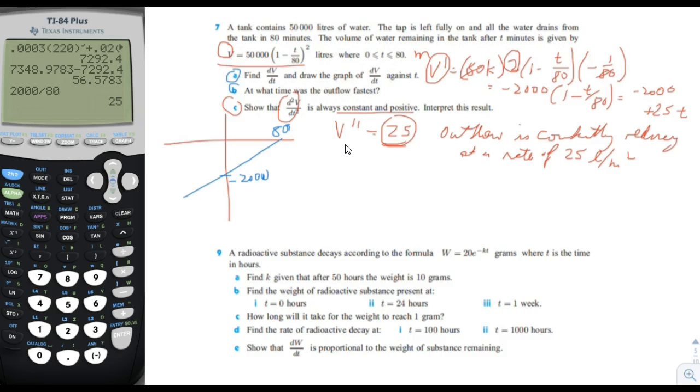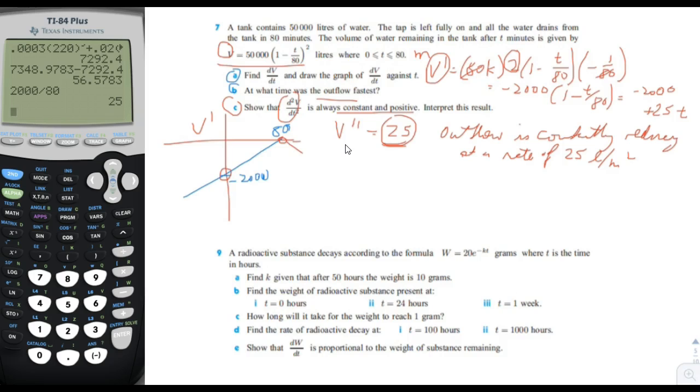So actually, I was trying to find the maximum or minimum of the outflow, but remember that if there are no maximums and minimums, if there are no stationary points, then where are you going to look? You're going to look at the endpoints. So look at this graph of V dashed here. The endpoints would be here and here, and which one of those would represent when the outflow is fastest?